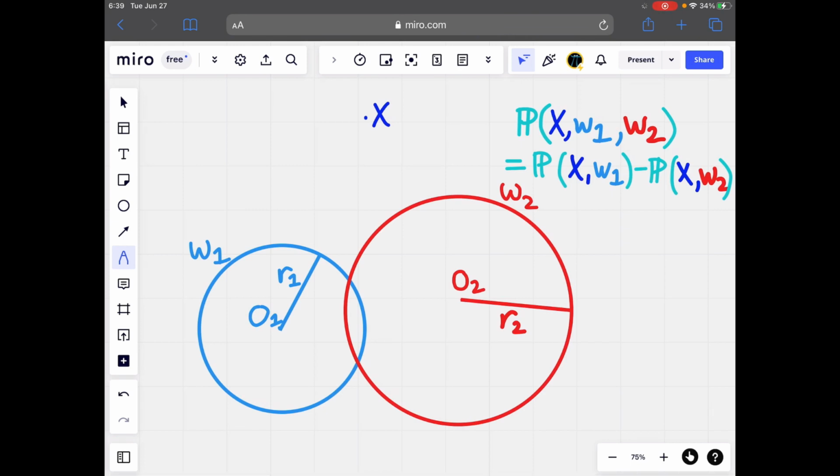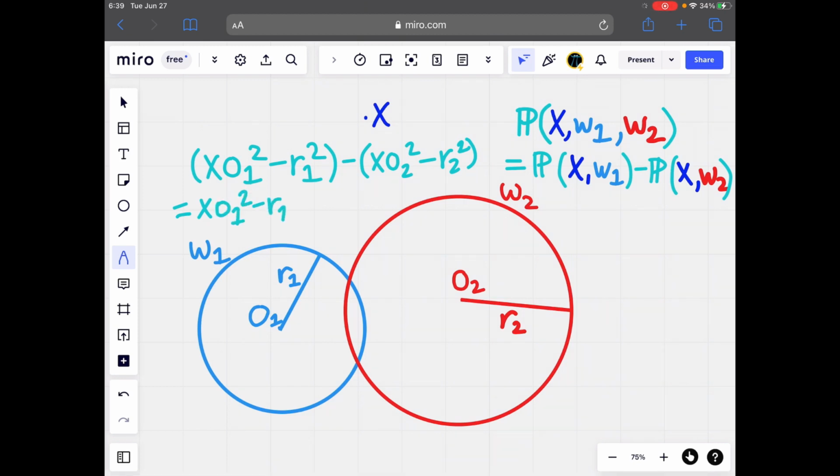This is equal to XO1 squared minus R1 squared, that's the power with respect to W1, minus the power with respect to W2, which is XO2 squared minus R2 squared. Or simply XO1 squared minus R1 squared minus XO2 squared plus R2 squared.